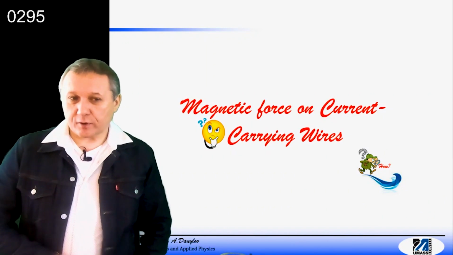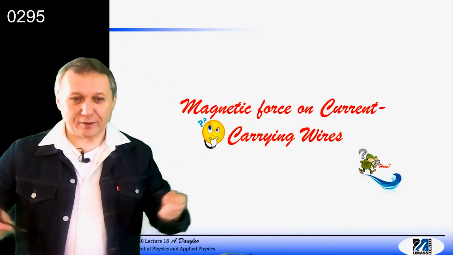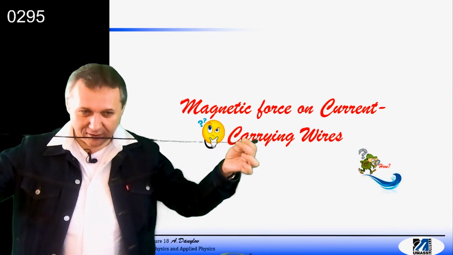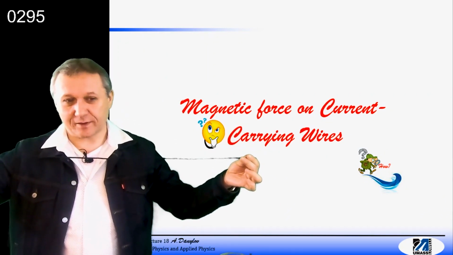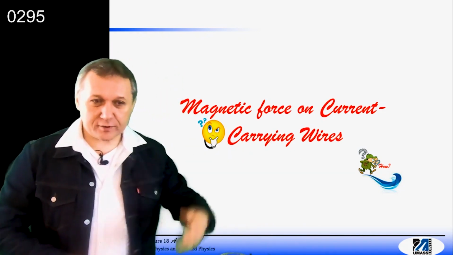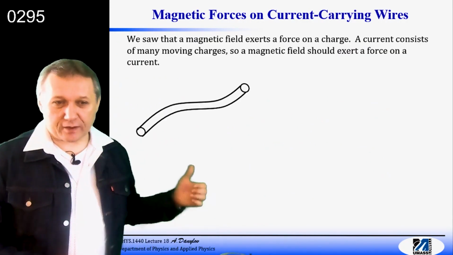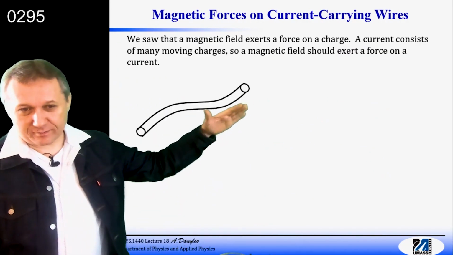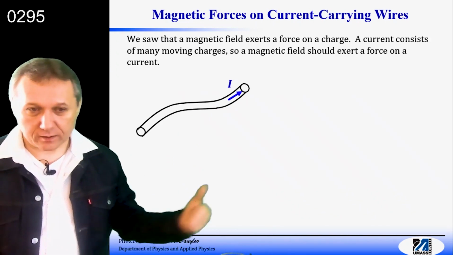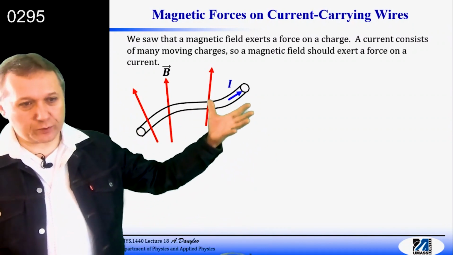So, magnetic force on a current. Now we have basically a bunch of charges traveling in the same direction with the same speed on average, and we'll just present the formulas. So let's assume that we have a completely arbitrary wire with current I, and it is exposed to a magnetic field.